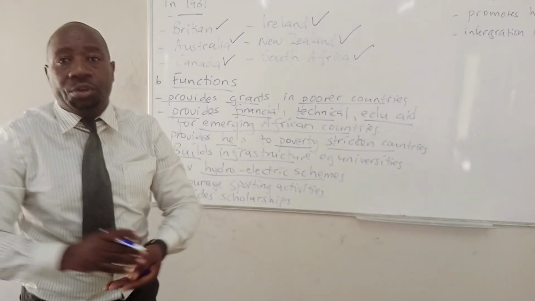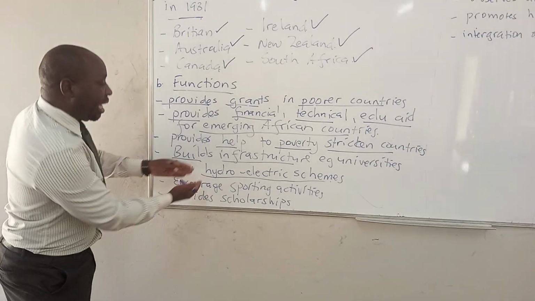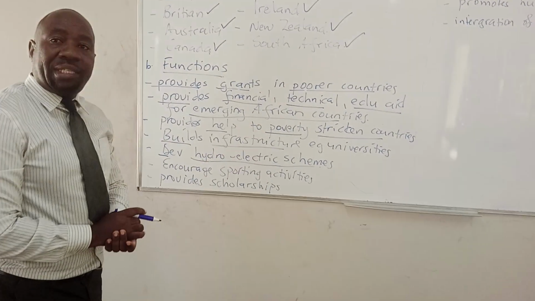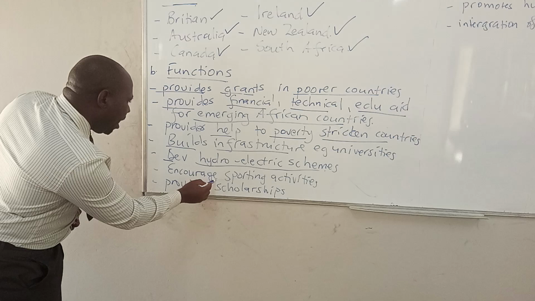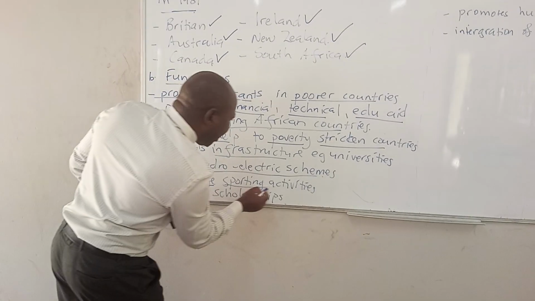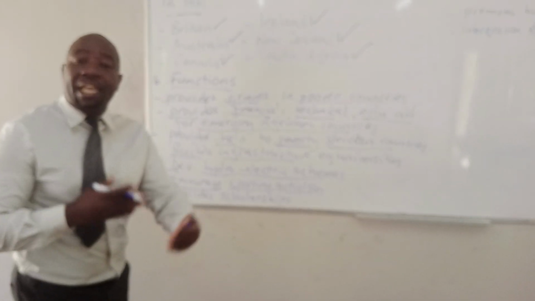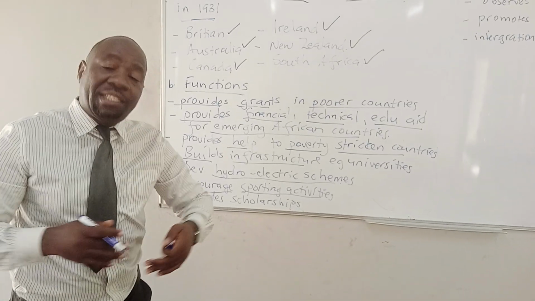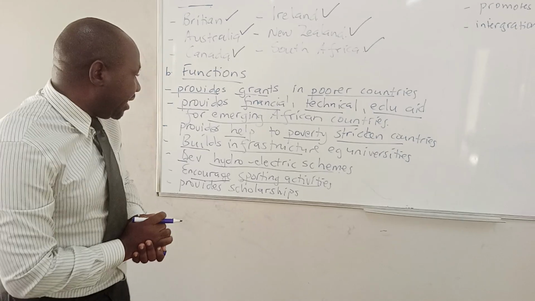So it is the mandate of the Commonwealth to assist in the hydroelectric schemes. It also encourages sporting activities. We see it again playing an important part in encouraging sporting activities, so that sporting activities are taking place.